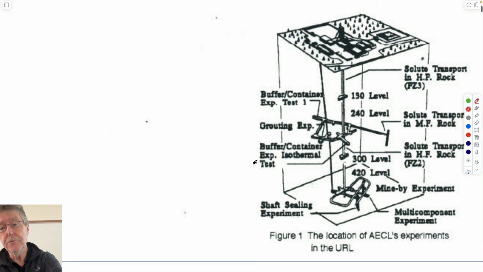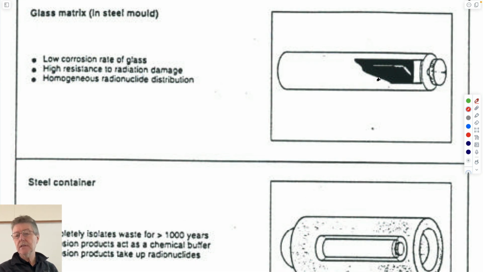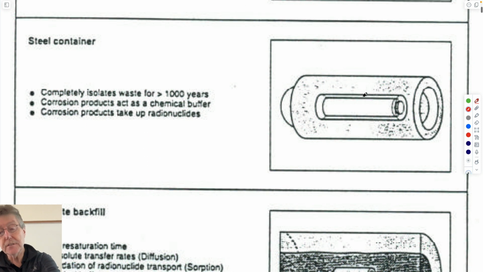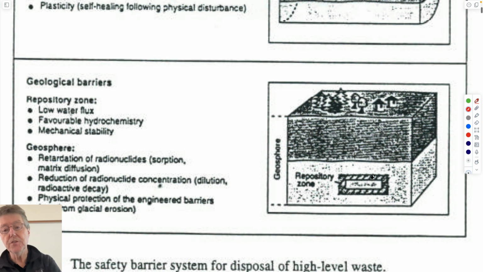And so the current views of how to deal with this are to take the wastes, put the wastes in metal canisters, typically steel and with copper cladding, put the copper inside the steel, put the steel inside an underground repository where it's backfilled with something, typically bentonite clays, which are low permeability and have high sorption potential, and then isolate them geologically so that you have this kind of multiple barrier concept.